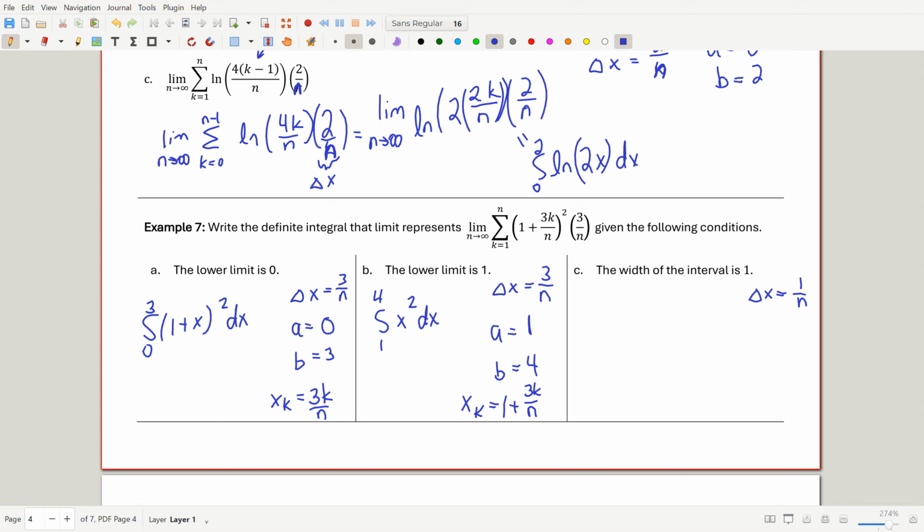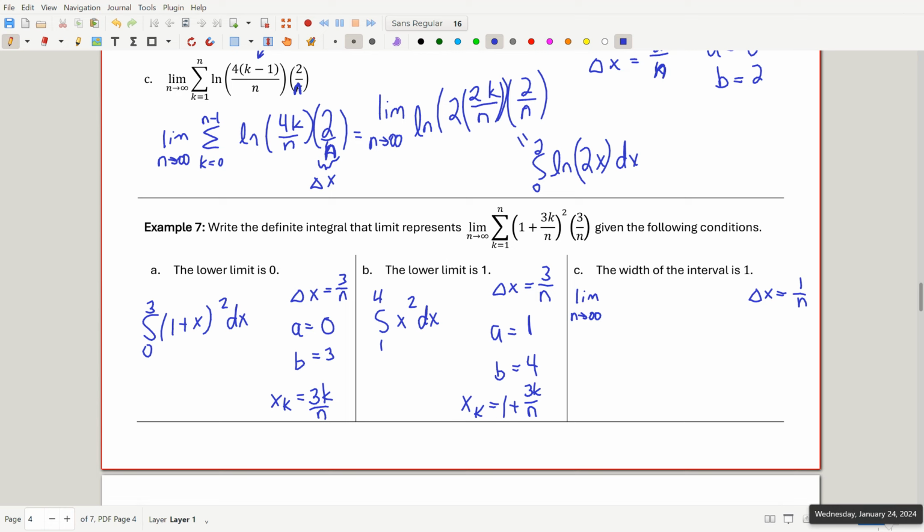This represents a sum, so it's something plus something plus something plus something plus something. Every one of those somethings is something that's got a 3 over n in it. You could factor that 3 out. So I can rewrite my limit as the limit as n goes to infinity. Actually, I can factor it out of the sum.